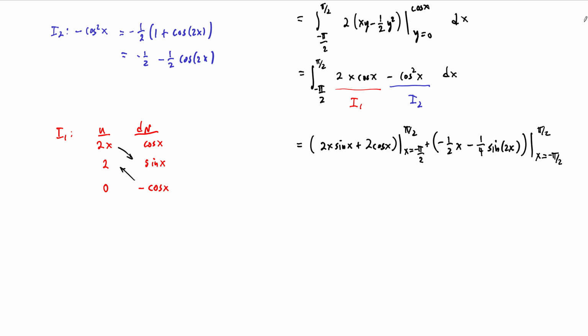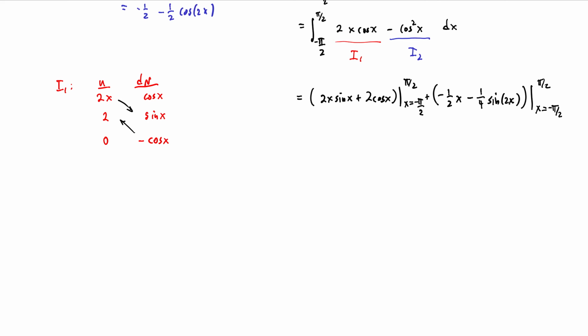This is not the most riveting stuff for a video, but you got to be able to compute all this. So sine of pi over 2 is 1, sine of negative pi over 2 is negative 1, cosine of pi over 2 and negative pi over 2 is 0 for both of those. So this is just going to give us 2 times pi over 2 times 1 minus 2 times negative pi over 2 times negative 1.